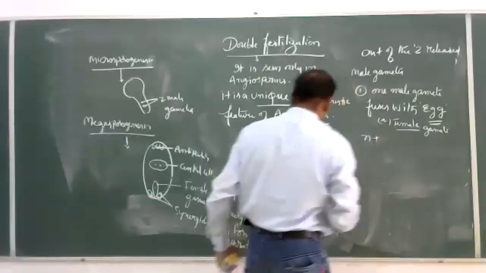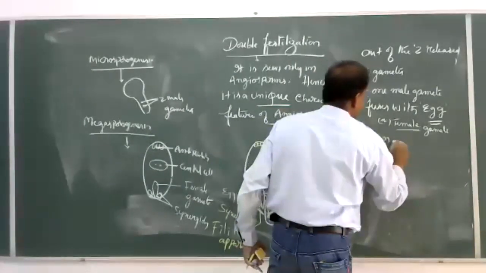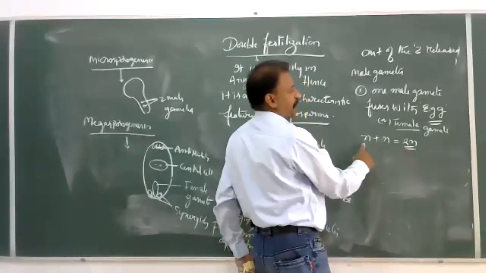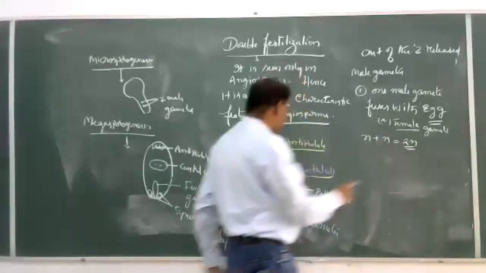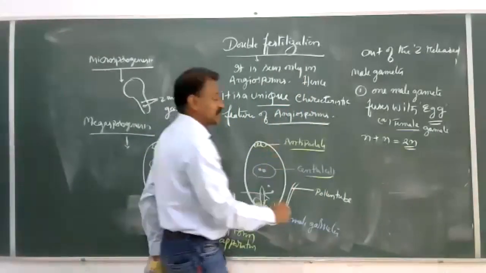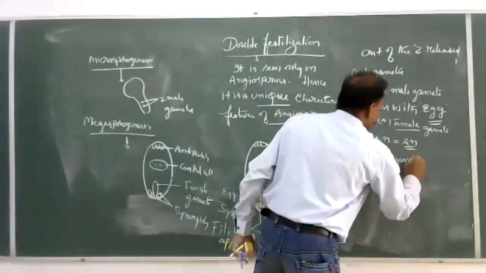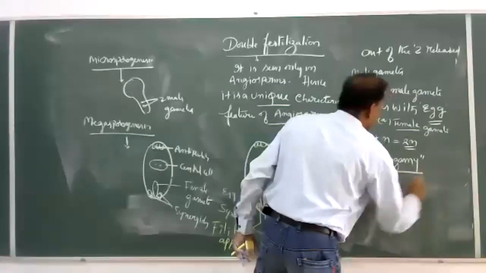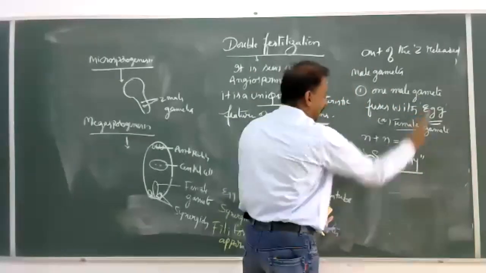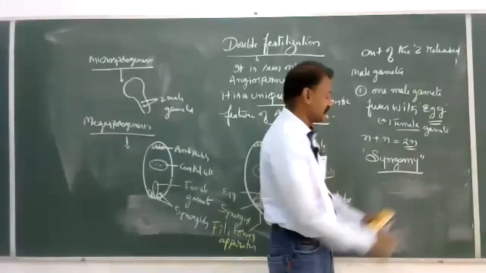The male gamete is n haploid and the egg is haploid. n plus n is equal to 2n. Both are haploid and both are non-motile. So this process is called syngamy. What is syngamy? The process of fusion of one male gamete with an egg. Syngamy, or indirectly, first fertilization.